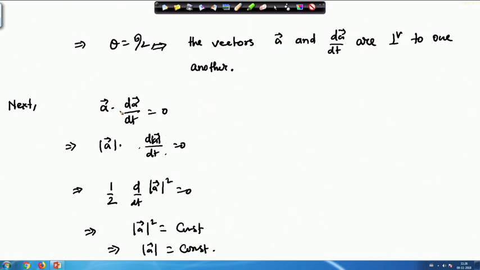That means if they are perpendicular to one another, then mod of A is also constant. Therefore, the condition is also sufficient. If the dot product is 0, then we can say that the vector is of constant length.